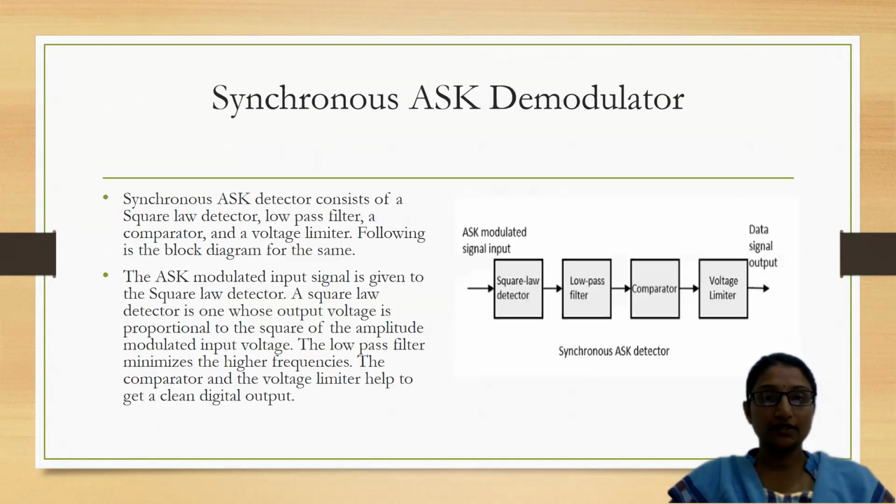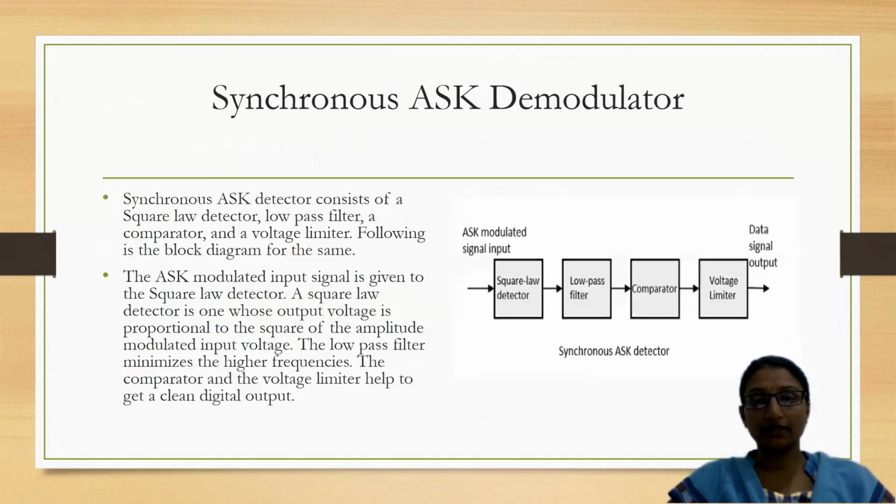Now let us see the synchronous ASK demodulator. In the synchronous ASK detector block diagram, my input is the ASK modulated signal, and I'm giving that input to a square law detector so that the amplitude gets squared.